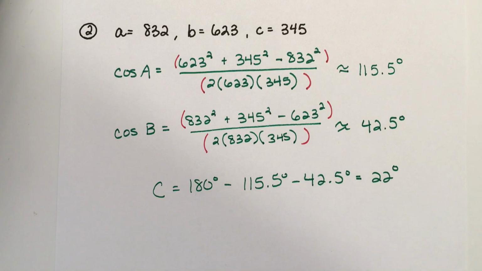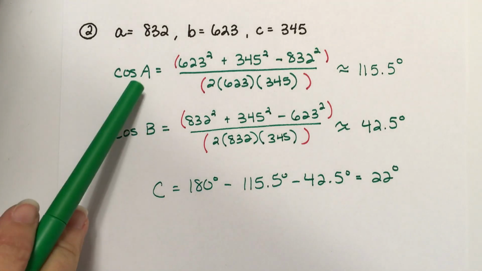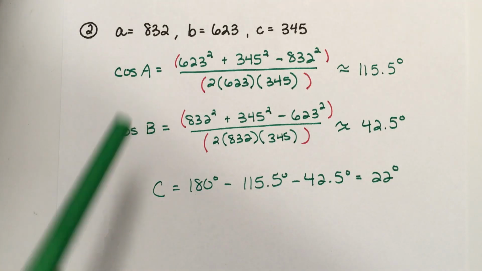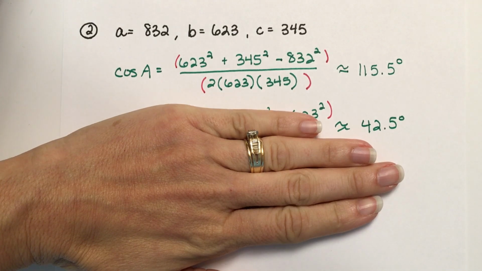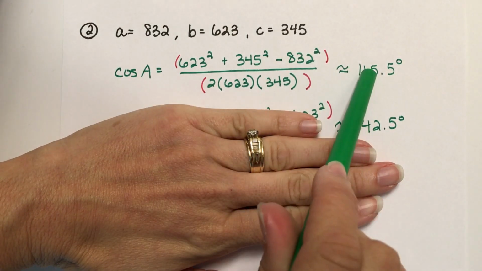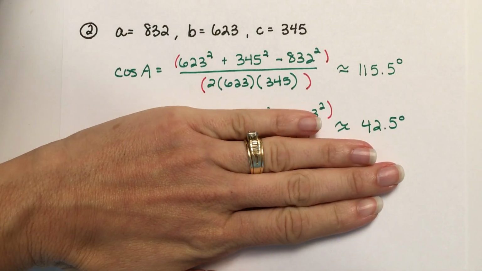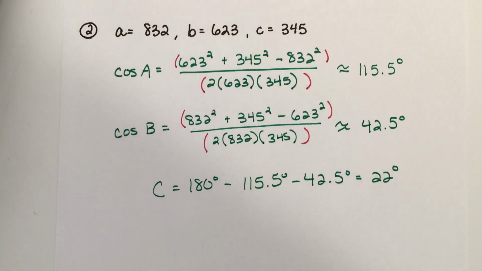Okay. Now, one thing I want to caution you about: once you find one of your angles, like since I've got angle A here and I have side a, sometimes students will go back and use law of sines. You can do that sometimes, but sometimes it's not going to work out for you.